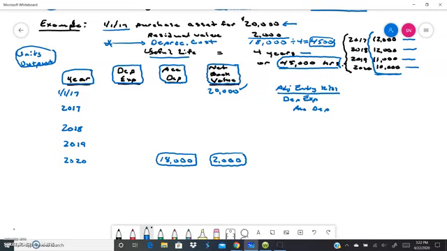So what we want to do is compute the amount of depreciation per hour. So we're going to take our depreciable cost, which is the total amount we're going to depreciate, which is $18,000. And instead of dividing that by the useful life of 4 years, we're going to divide that by the useful life of 45,000 hours.